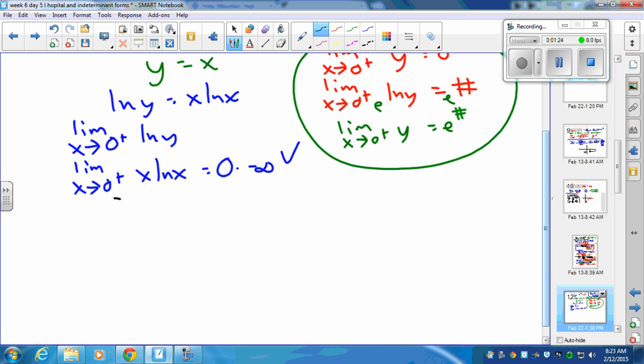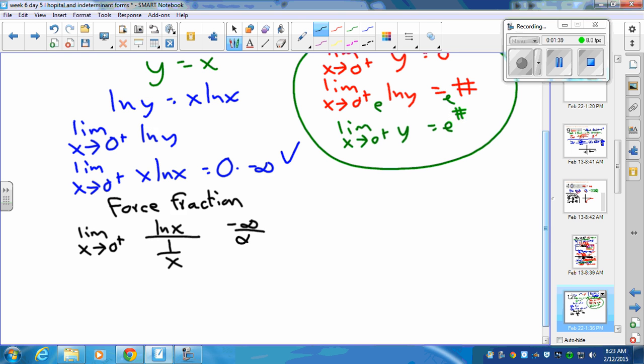Here we go. Force fraction. We're going to get the limit as x goes to 0 from the right of ln of x over 1 over x. I'm going to plug in, and I'm going to get negative infinity over infinity. Negative infinity over infinity, indeterminate.